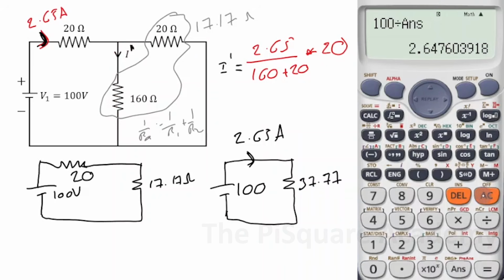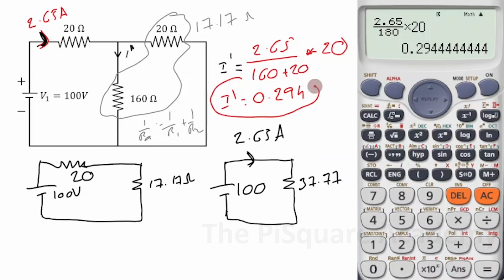Again, simple calculator: 2.65 divided by 180 into 20. The answer is 0.294. This is I prime.